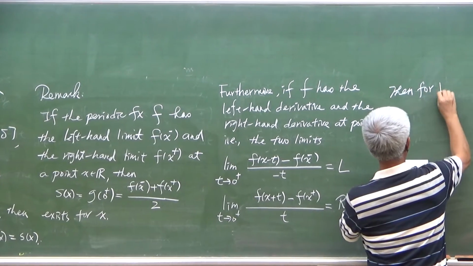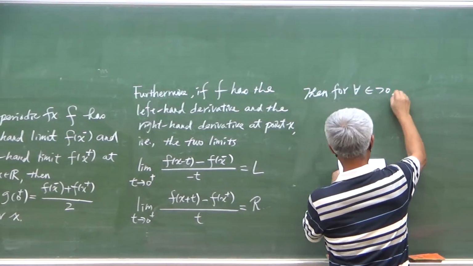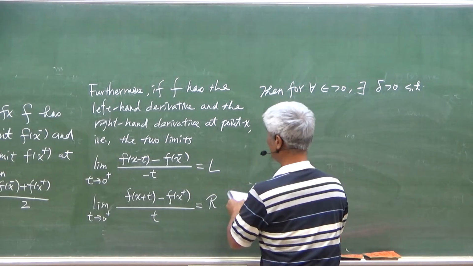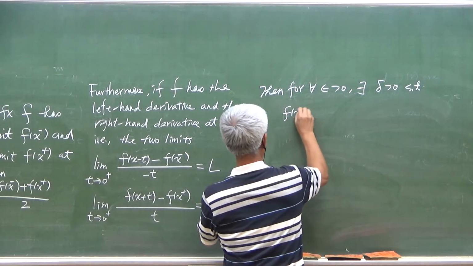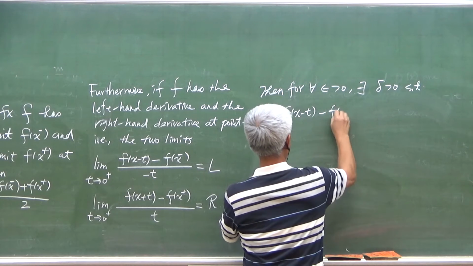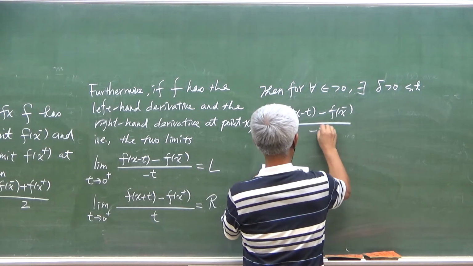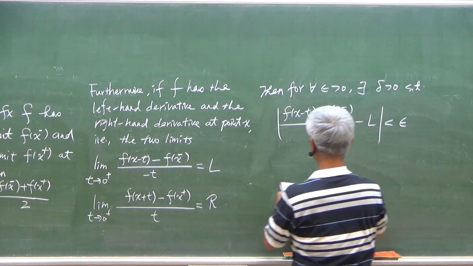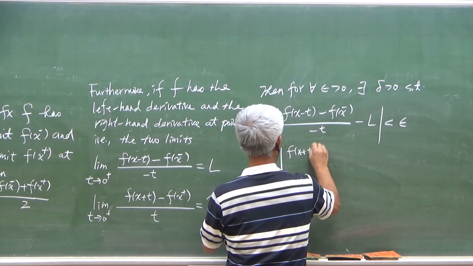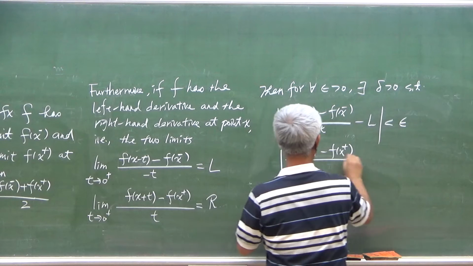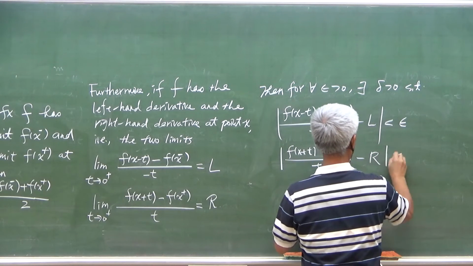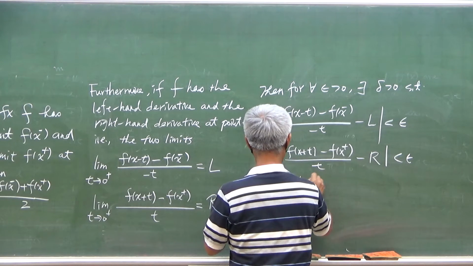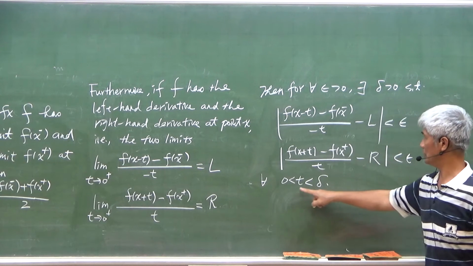For all epsilon, there exists a delta such that |[f(x-t) - f(x-)]/(-t) - l| is less than epsilon, and |[f(x+t) - f(x+)]/t - r| is less than epsilon, for all t between 0 and delta.